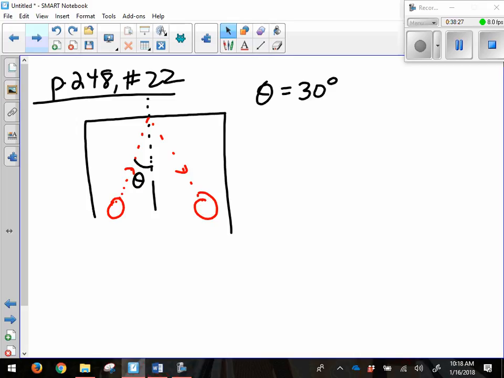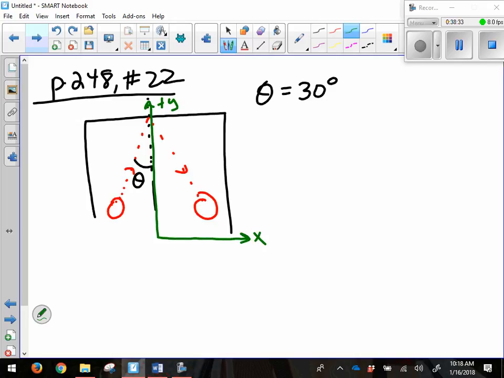So if I make some axes here, and we'll let up be positive y, and positive x to the right. Then, for instance, how would I write the initial velocity?